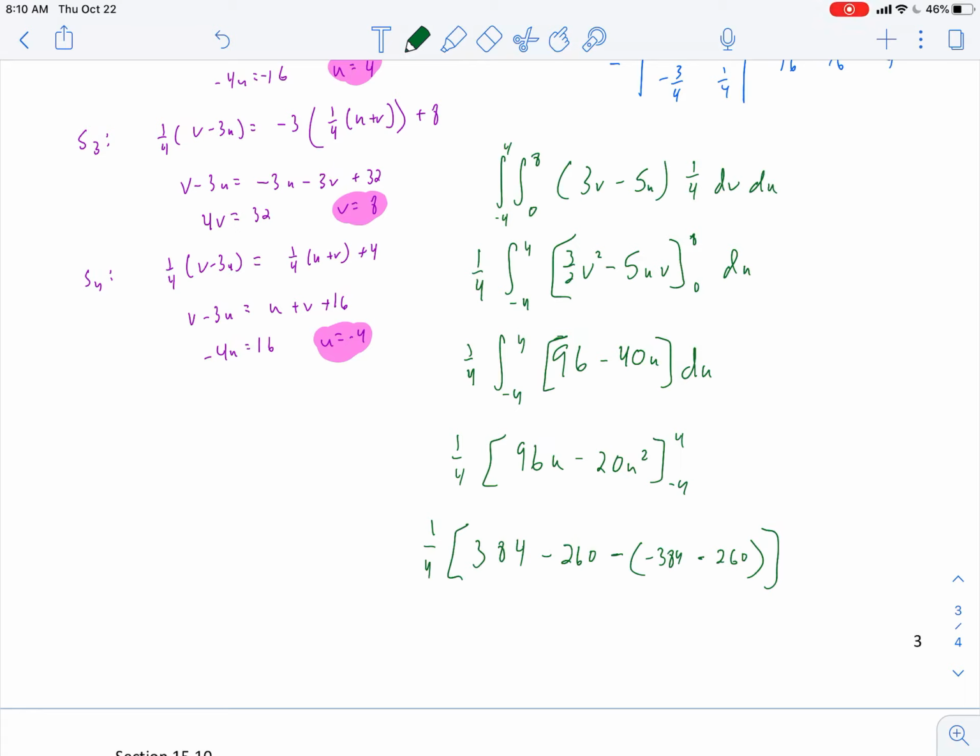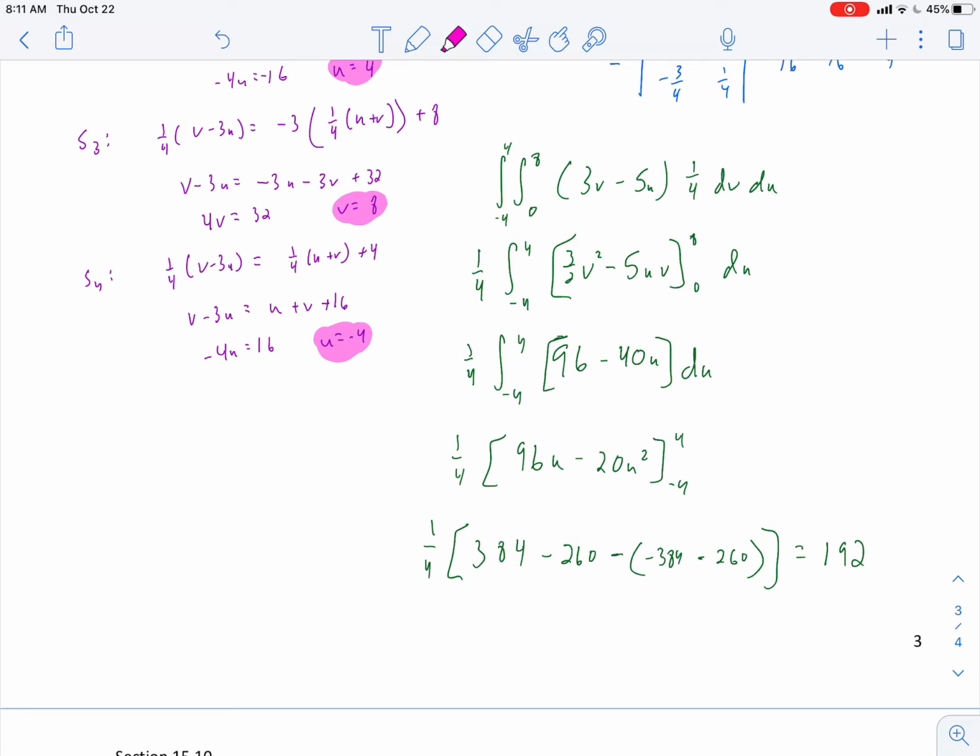It's going to double those, so let's just take half of 384 and half of 260, so that's 130. Let's cancel that out. Give me 192.